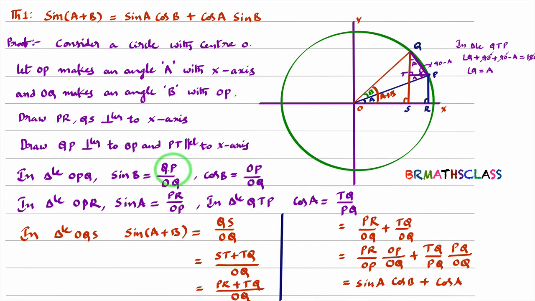PQ, QP both are same only. PQ divided by OQ is sin B. So what happened here? Finally, we proved sin A plus B. See here, the left hand side sin A plus B is there. Sin A plus B equals sin A cos B plus cos A sin B.